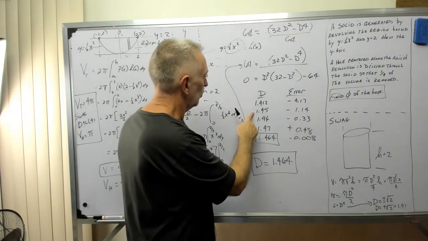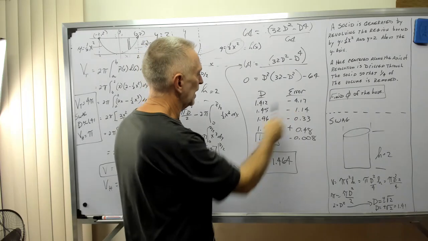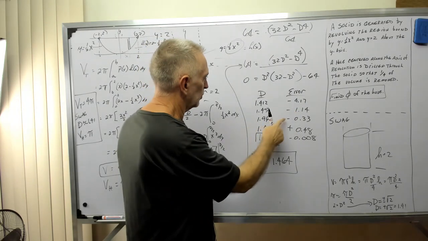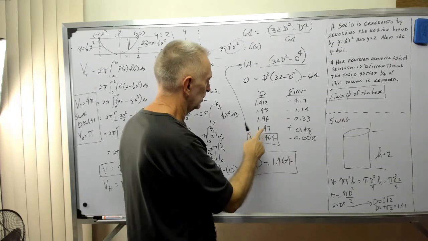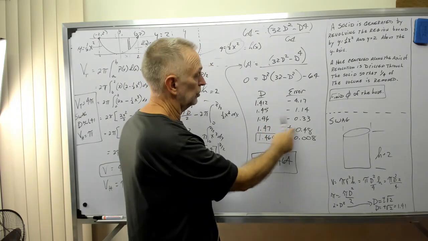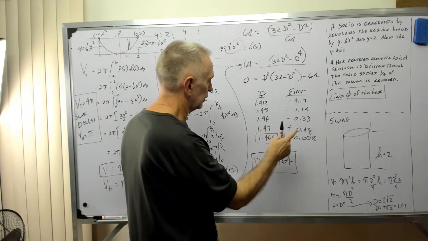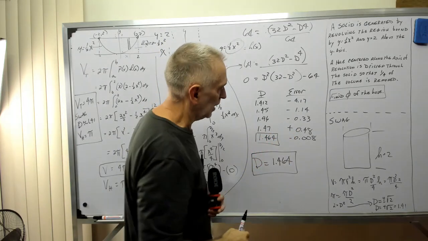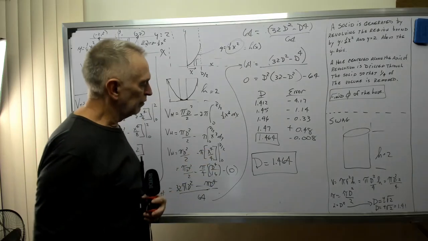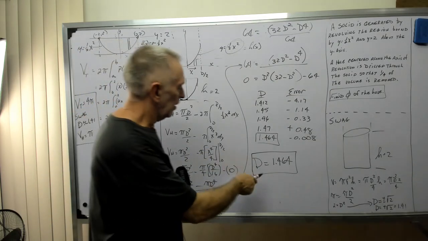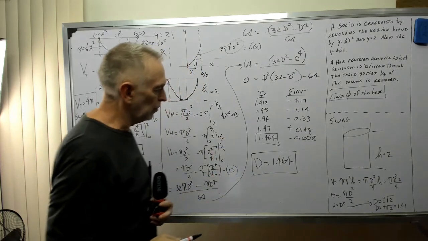I jumped it up to 1.45. It was a minus 1.14. Up to 1.46. Oh, we're getting close. 1.47 was too high, too large of a hole. 1.464 gave me a minus 0.008. For me, that was good enough. So the diameter of that hole is 1.464.